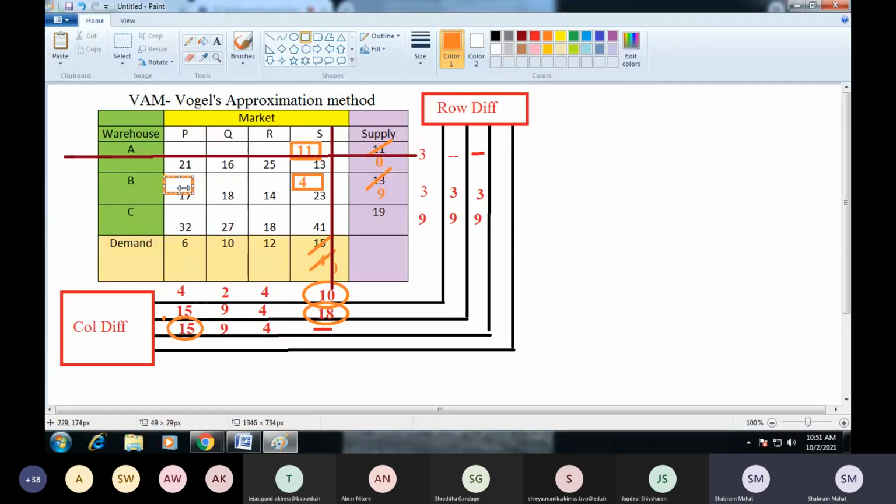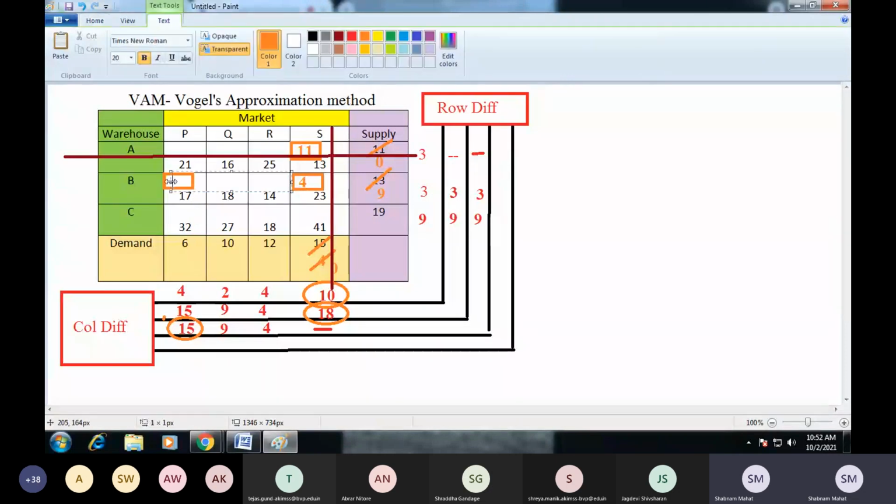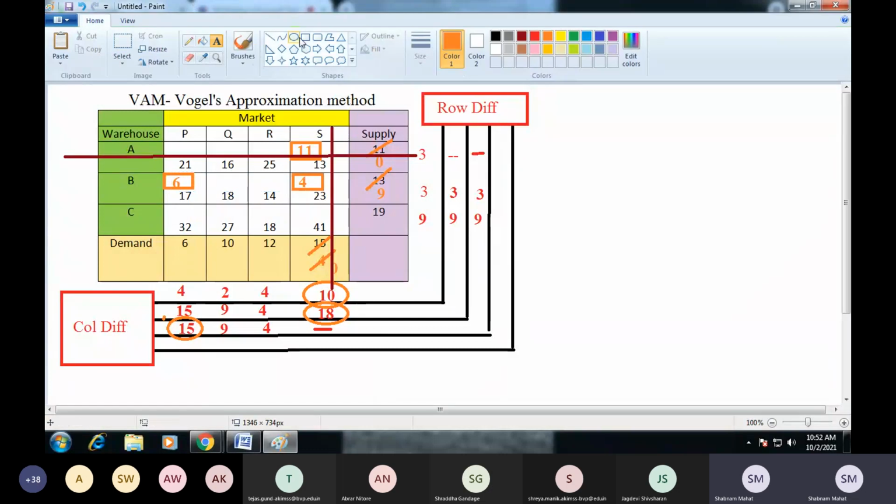Now check the demand and supply available for the same cell. Supply available is 9 quantity. Demand for this cell is only 6 units. So what is the minimum? My demand is the minimum, so I apply the total demand here, that is 6, and put 0 here. Why?